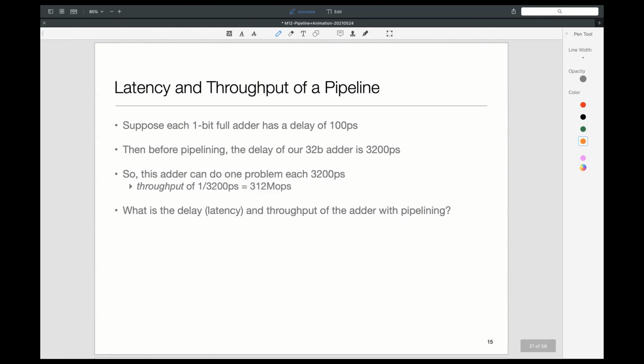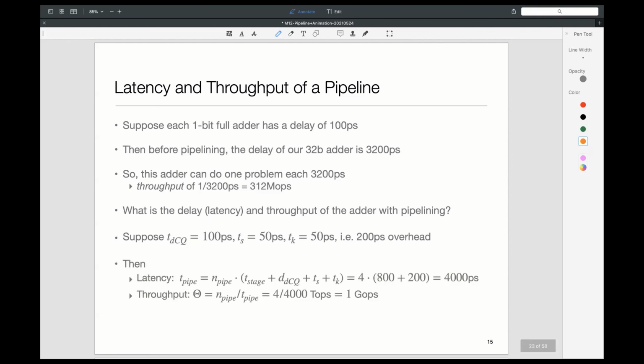Let's say we do the pipelining. Suppose TDCQ, the flip-flop characteristic, is 50 picoseconds. Let's say TK, the skew, is 50 picoseconds. So I will have 200 picoseconds of overhead. In this example, each pipeline stage is doing 8-bit addition.